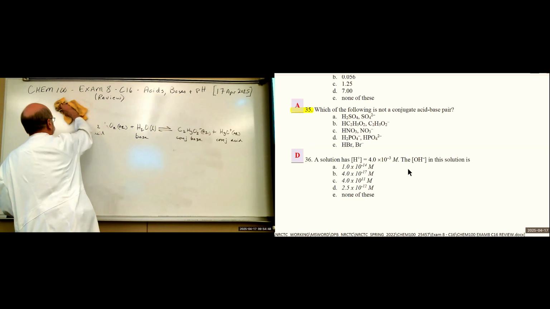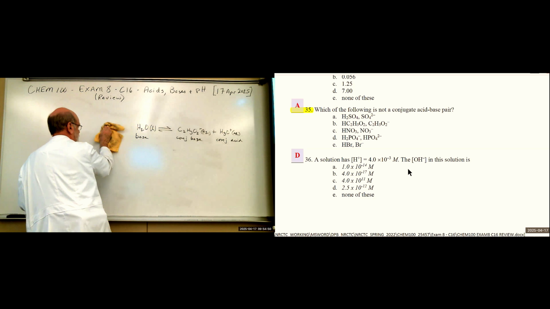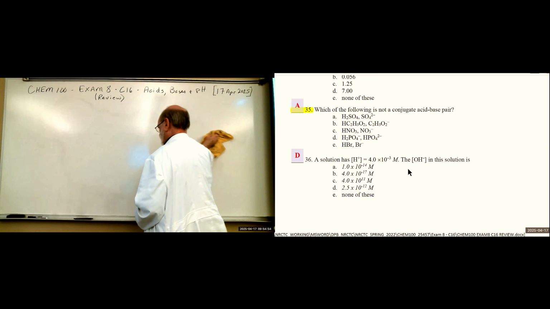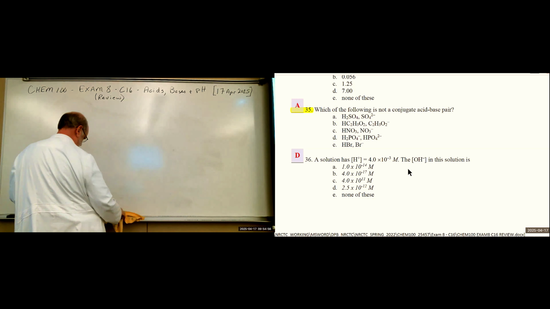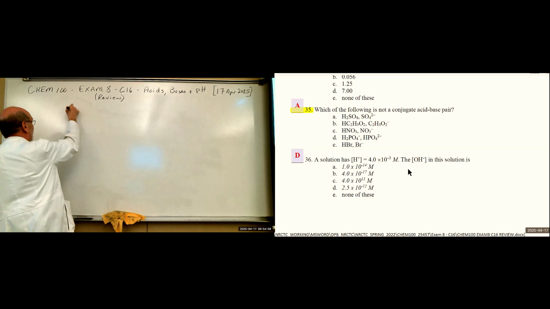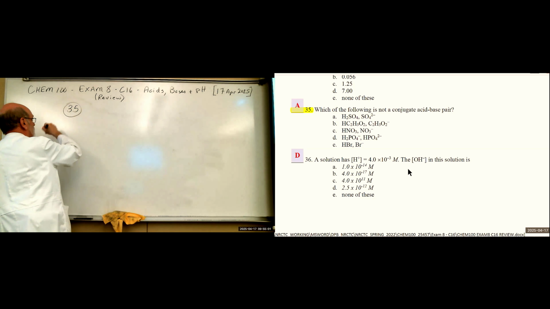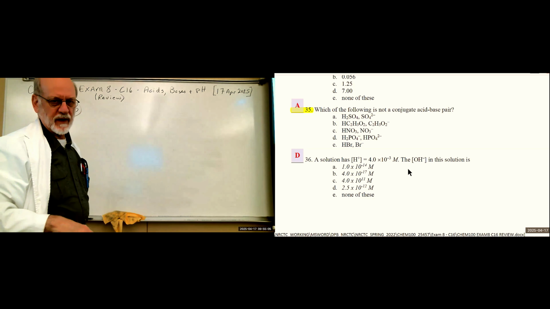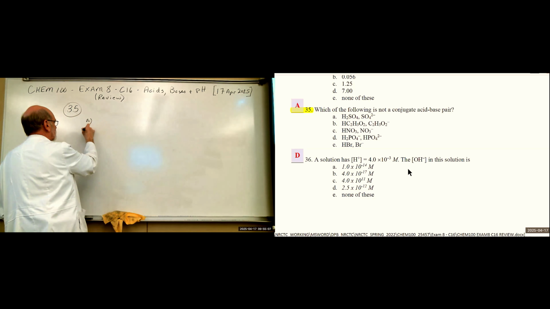35. Which of the following is not a conjugate acid base pair? All right.